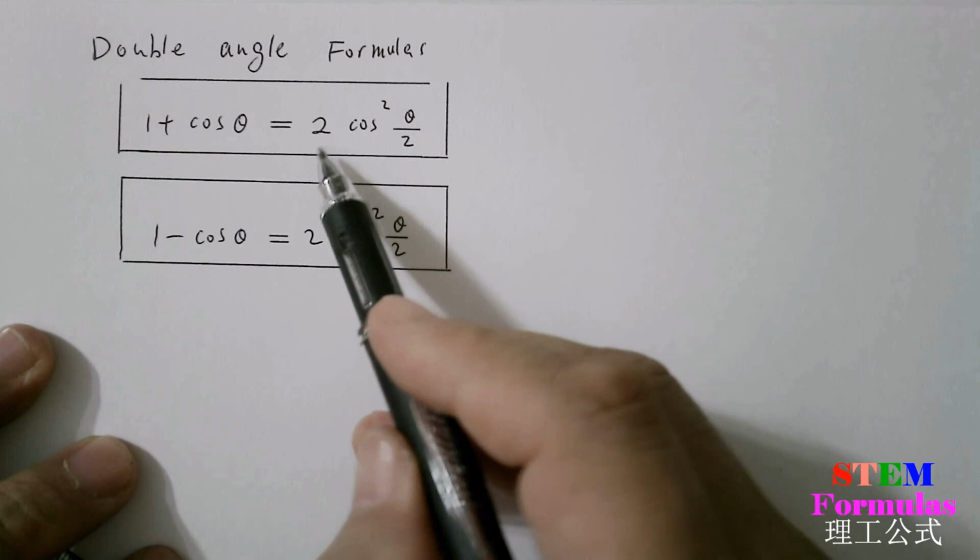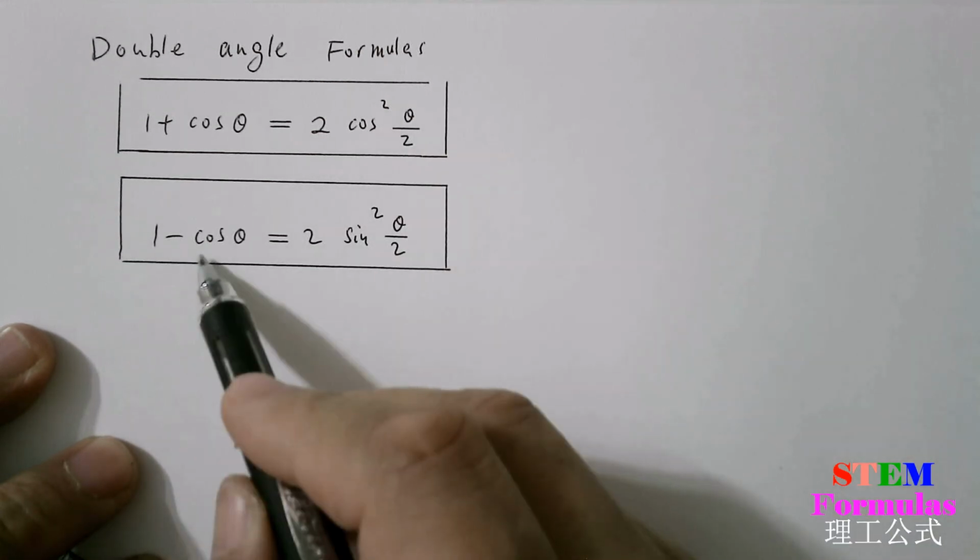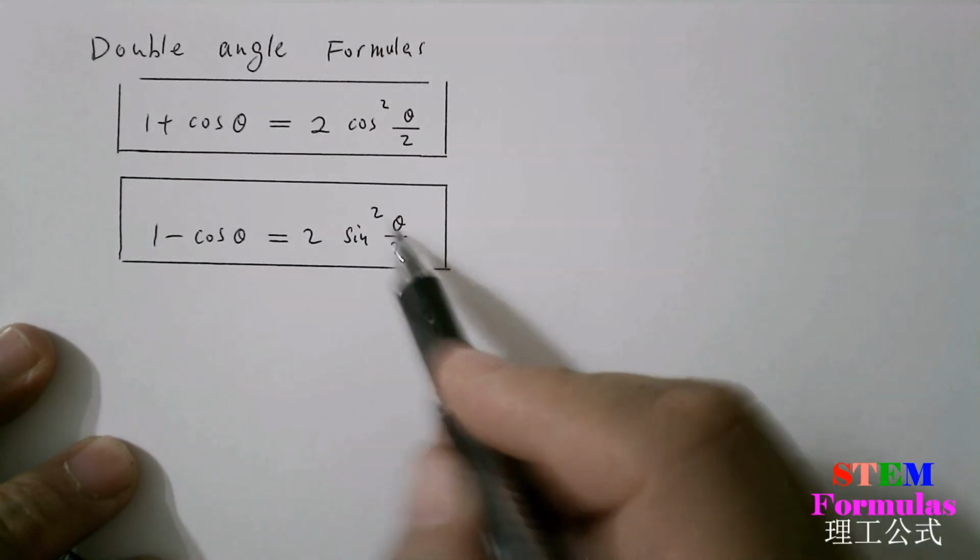So 1 plus cosine is 2 cosine half square, 1 minus cosine is 2 sine half square.